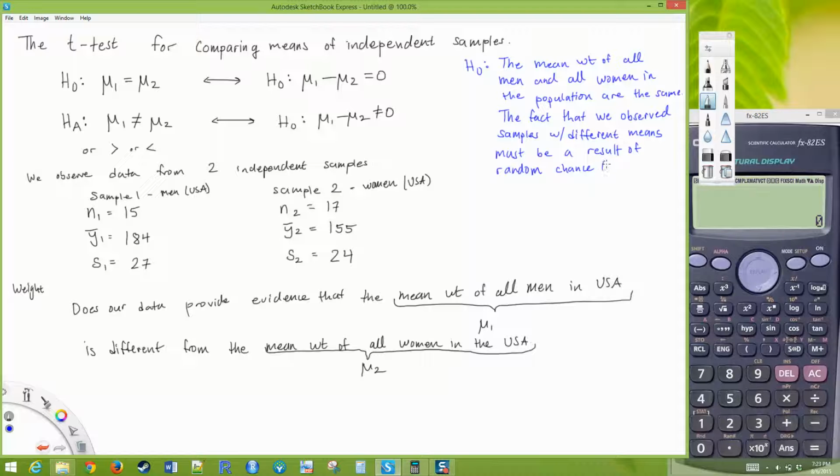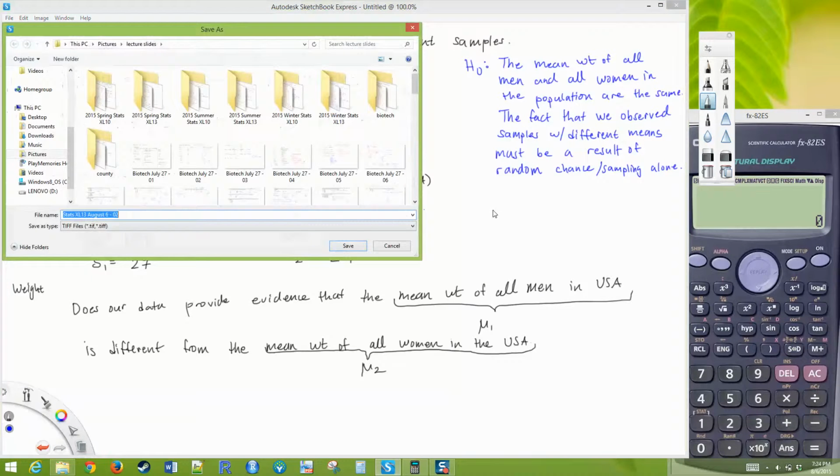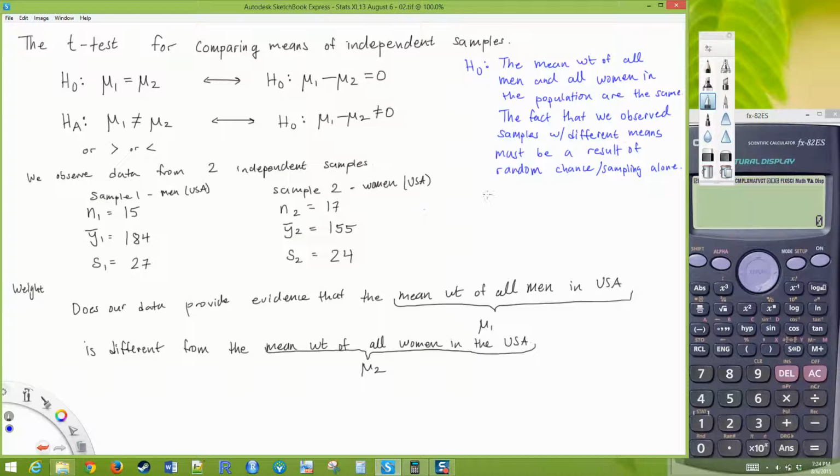Random chance, random sampling, whatever you want to call it. That is what the null hypothesis states. Okay.